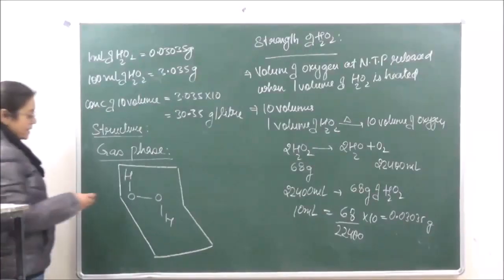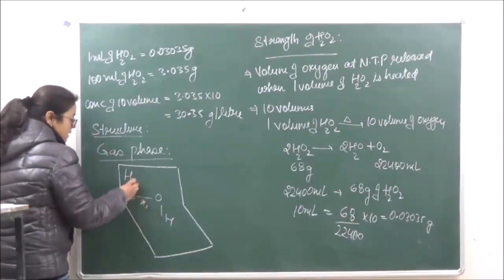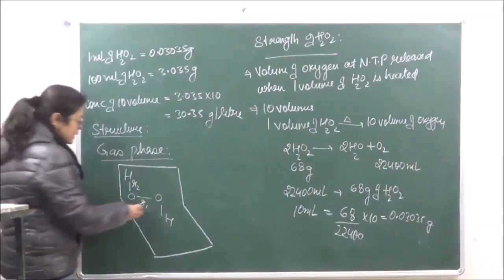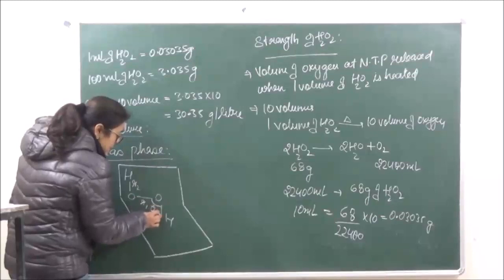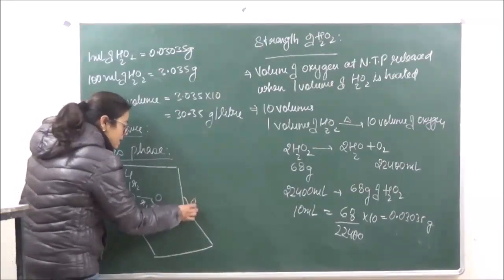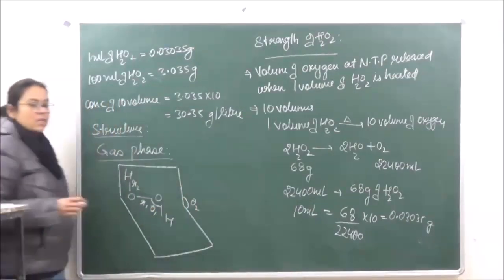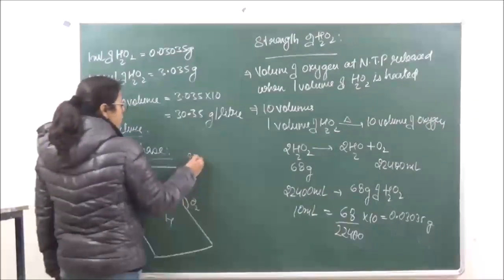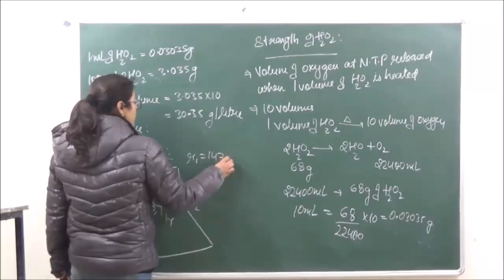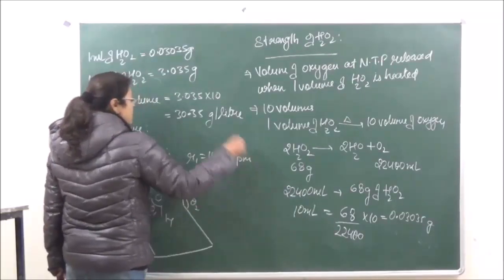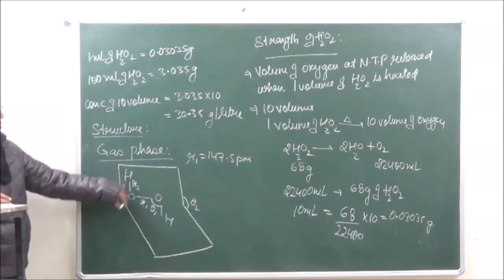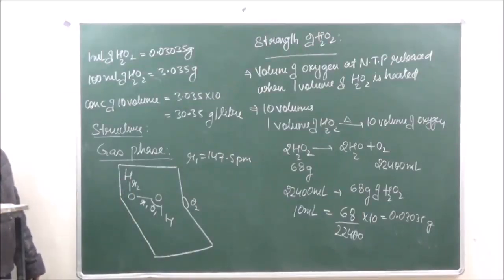Now over here, let's say this is R1, this is R2, and this is theta 1, and this is going to be theta 2. So this is the planar structure. In this case, the value of R1, that is 147.5 picometers. Okay, so this radius over here, or the distance over here, that is going to be 147.5 picometers.